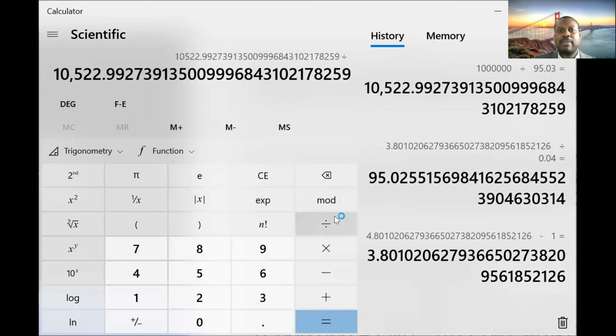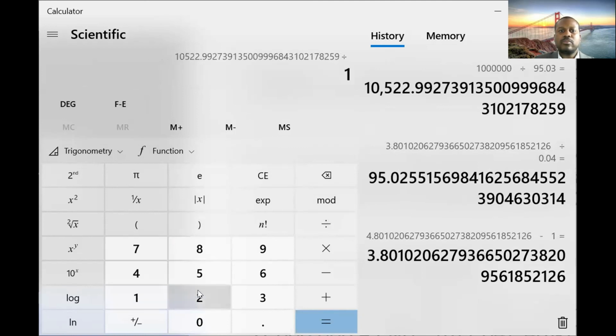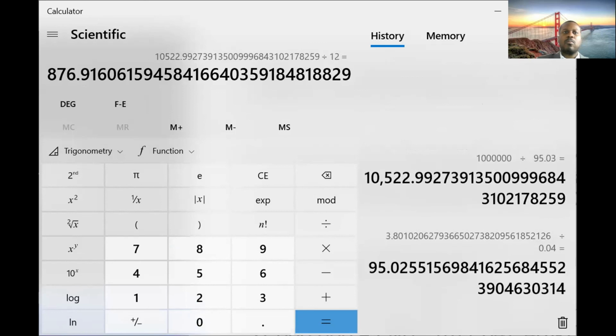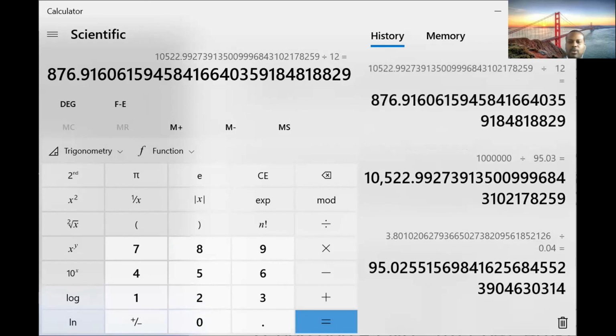Then if we divide that by 12, that's 876.91. So you need to put aside 876.91 a month in order to get to a pot size of 1,000,000 in 40 years. Significant sum, but that's a reasonable figure for most to get to. So that's the main principle here.